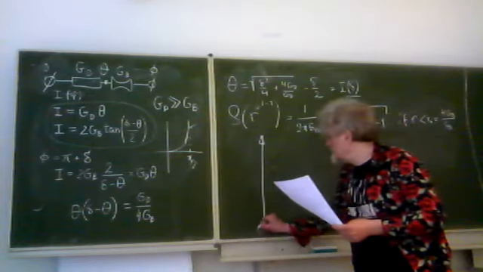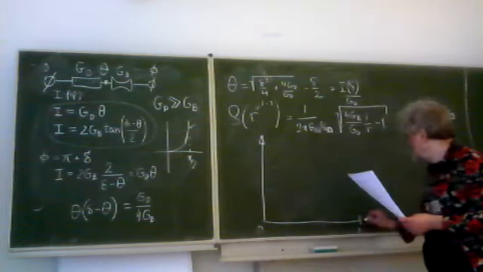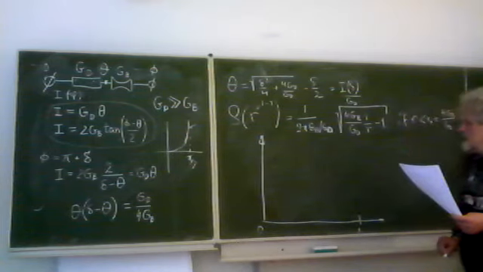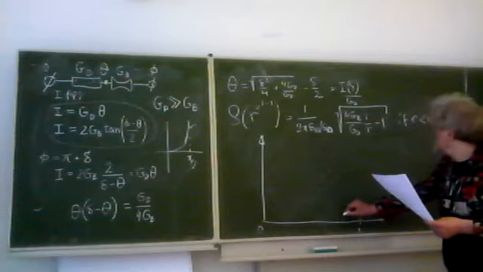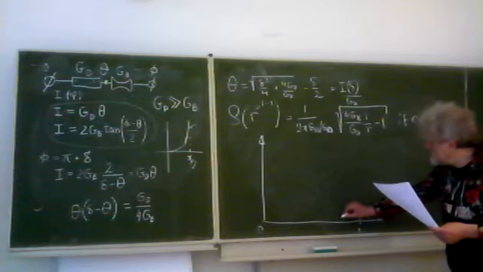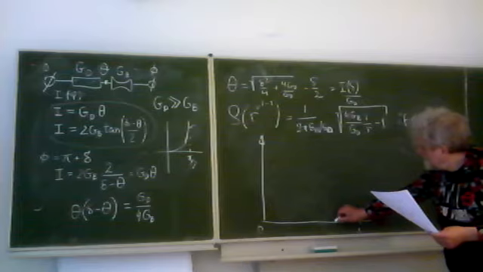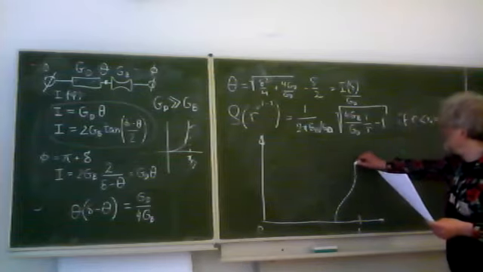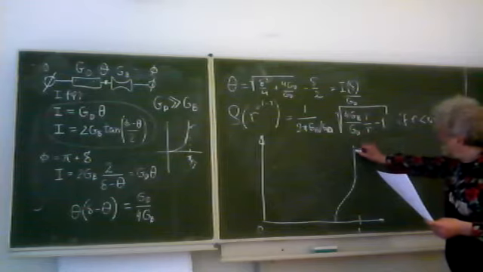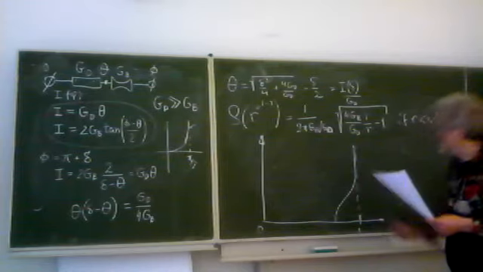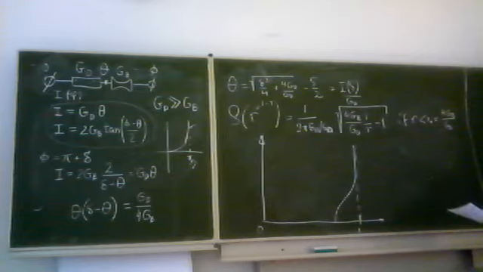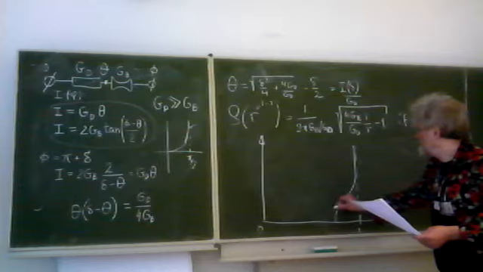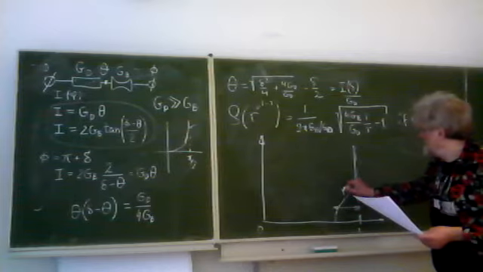So the transmission coefficients going from 0 to 1. And the distribution, if I plot it, goes like this. This is very narrow. Or not.